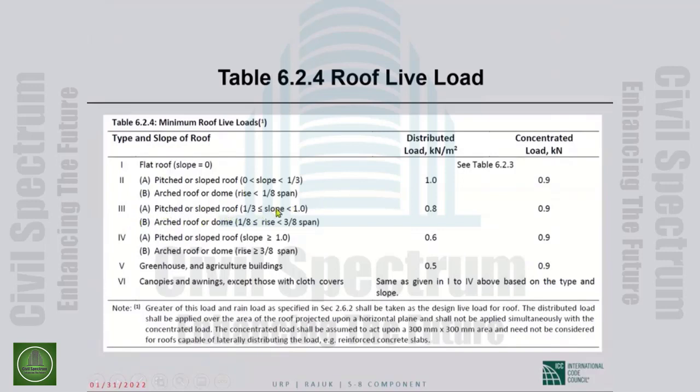Pitched or sloped roof, slope between 1/3 and 1, it goes down to 0.8 kilonewton. Anyway, as the slope increases, the load goes down. So there is a reduction for roof slope in table 6.2.4. Same thing for arched or domed roofs.